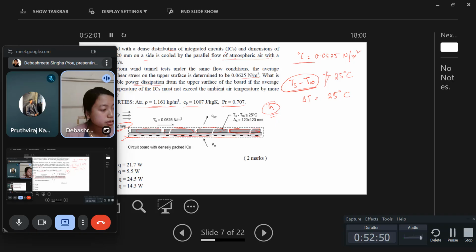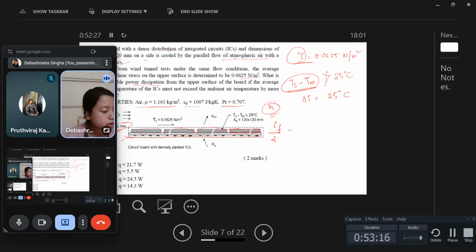The shear stress tau is given, the air properties are given, the fluid properties and the dimensions of this circuit board. So we have a relation which connects the heat transfer coefficient with this shear stress.